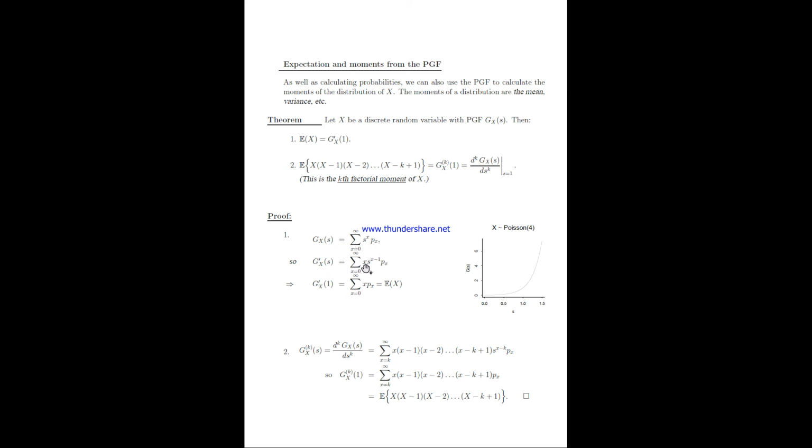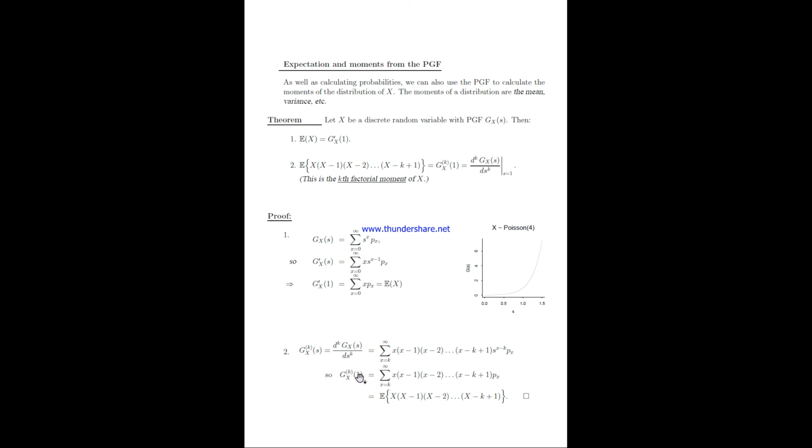When you go to the second derivative, you have x into x minus 1 into s to the power x minus 2 into p(x). Likewise, when you go to the kth derivative, you have x into x minus 1, x minus 2, likewise up to x minus k plus 1, s to the power x minus k into p(x).